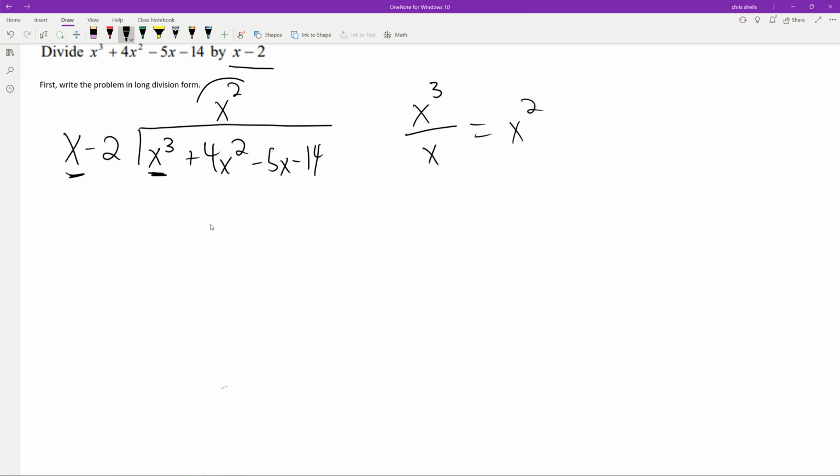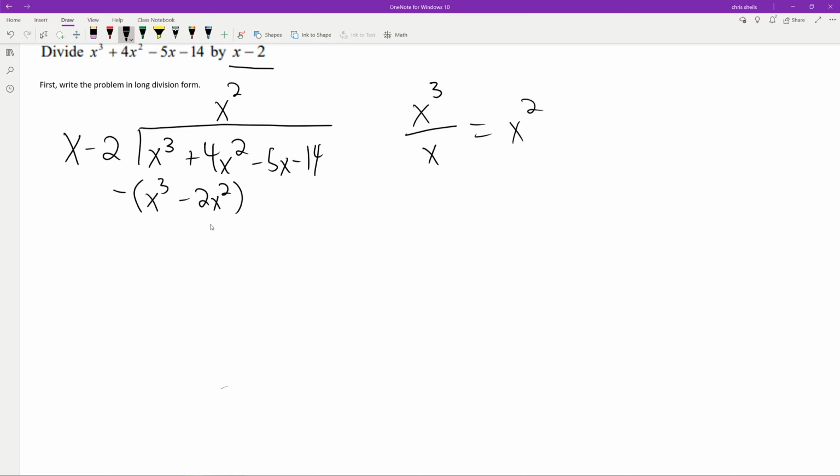Now I take this x squared and I multiply it times this x minus 2. So x squared times x minus 2, I get x cubed minus 2x squared. And I write it right underneath this polynomial here. Now I'm going to place parentheses around this because just like in long division, we are subtracting here.